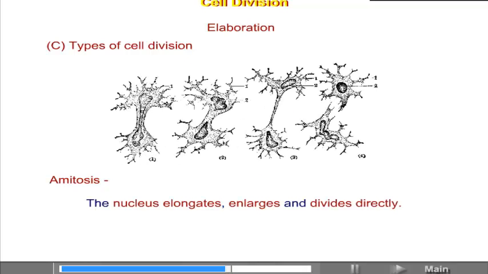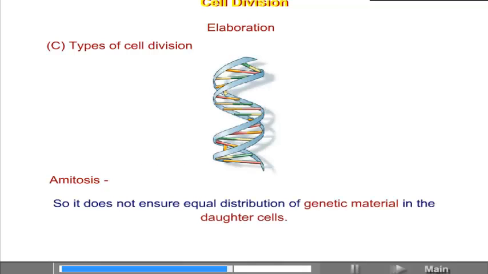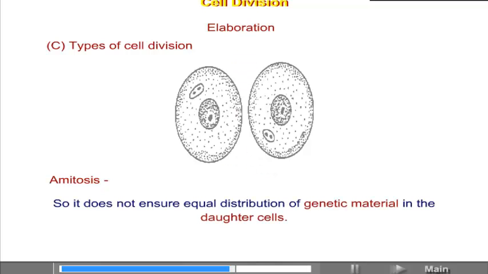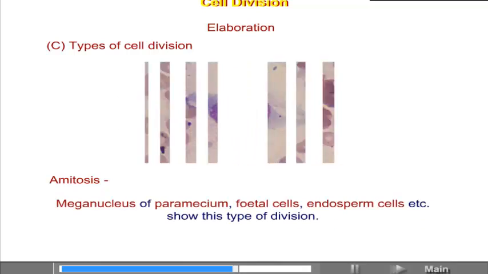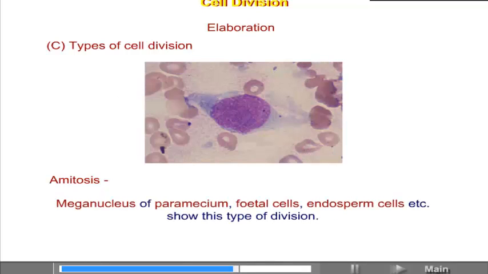The nucleus elongates, enlarges and divides directly. So, it does not ensure equal distribution of genetic material in the daughter cell. It may lead to structural and functional irregularities. Meganucleus of paramecium, fetal cells, endosperm cells, etc. show this type of division.